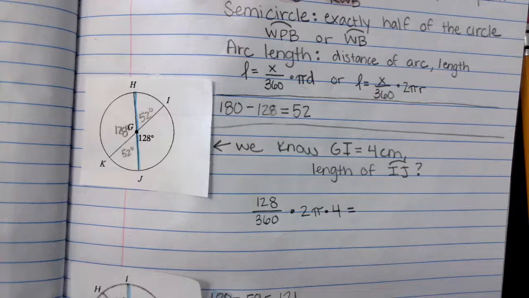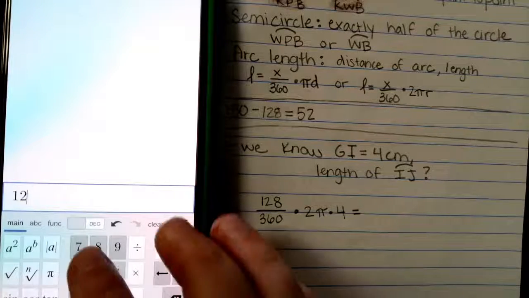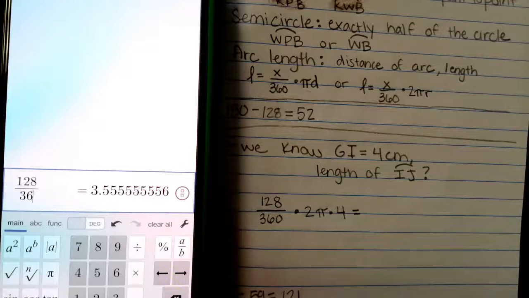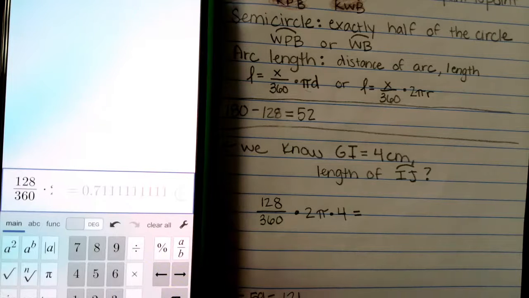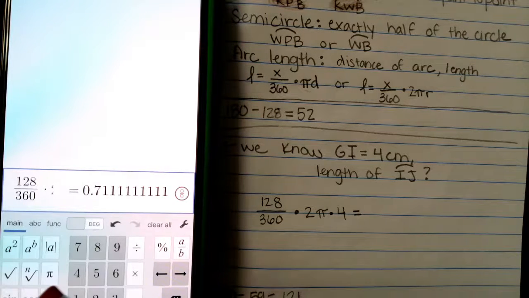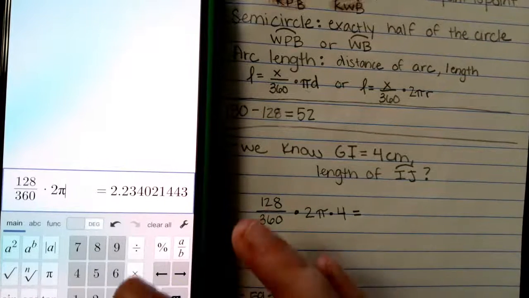If I want to round to the nearest hundredth, 2 decimal places, why is it going to be 94? The 6 tells us to round the 3 up. So 8.94. And what are we measuring in for our length? Centimeters.